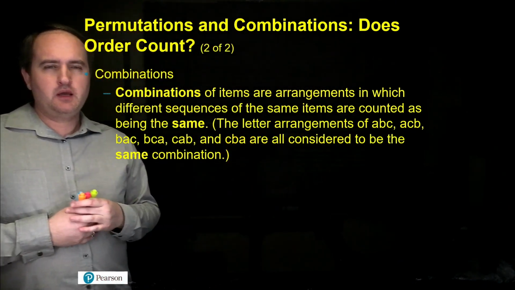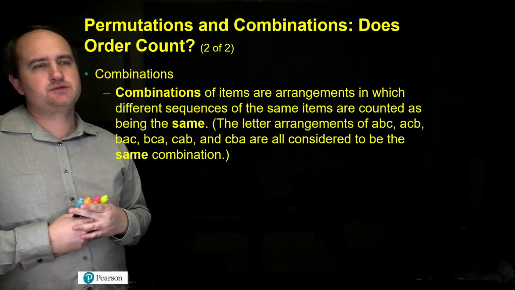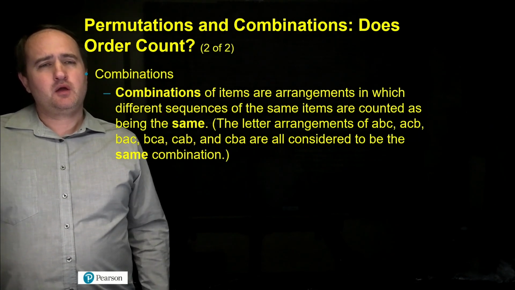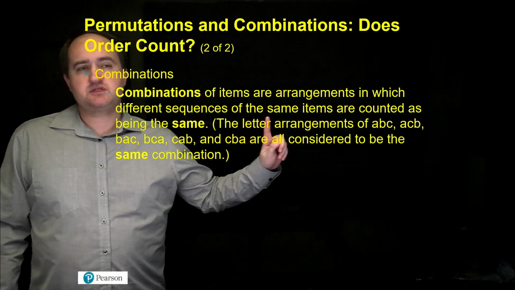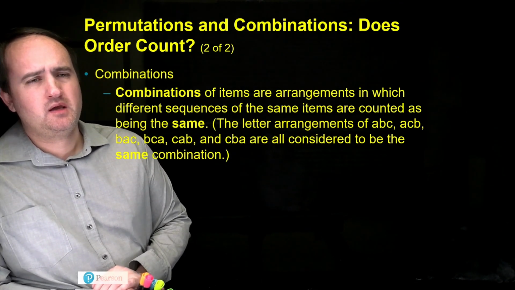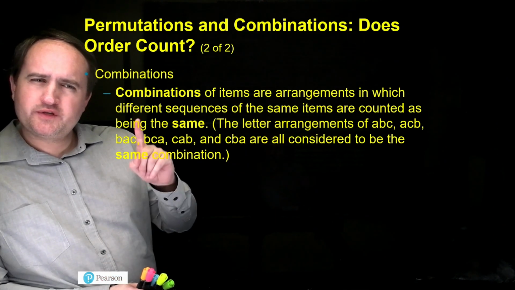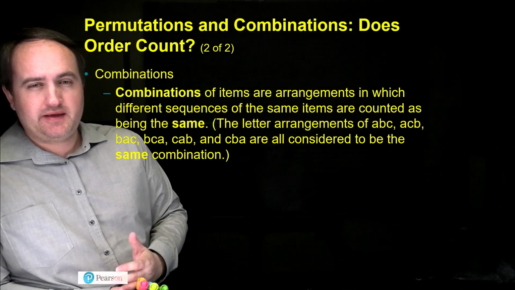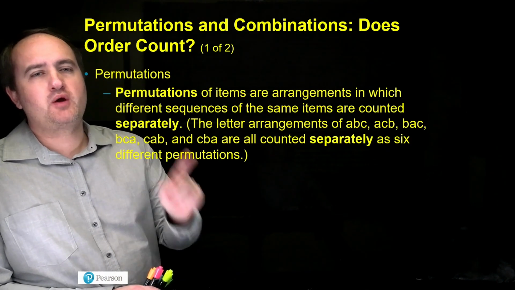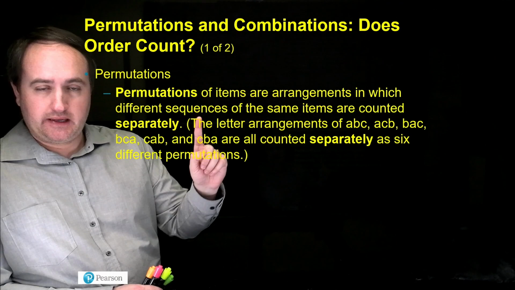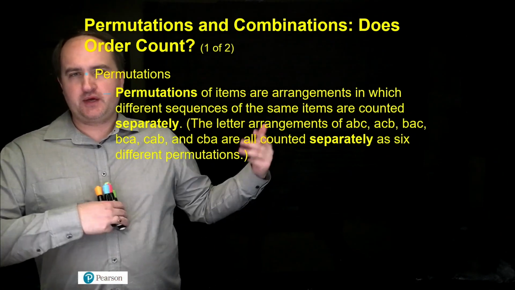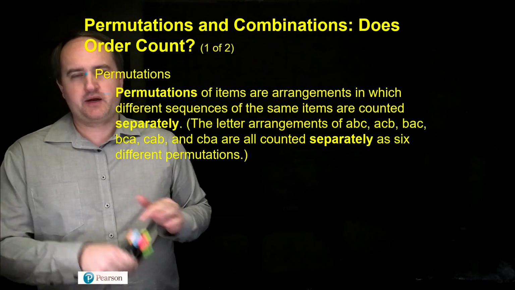Combinations is the same idea as permutations, but these are arrangements of objects where different sequences of the same items are counted as being the same. So what's different about combinations is just that the order can't matter. Okay, so with permutations, order has to matter. So think of it as like first place, second place, third place, where order matters.